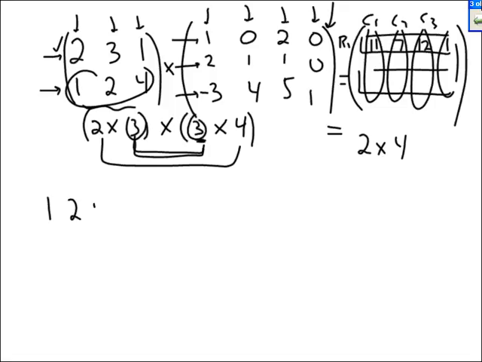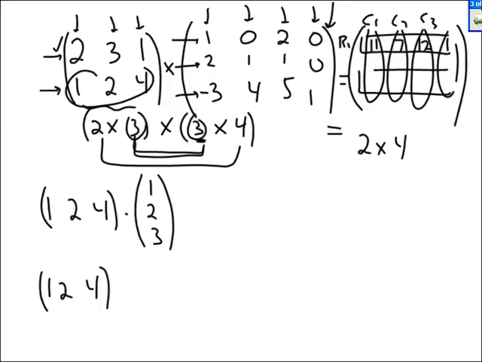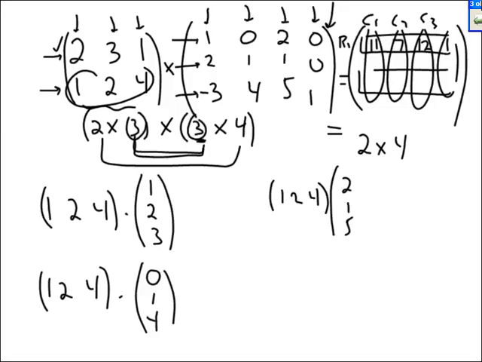I take row 2, 1, 2, 4, and one by one, I dot it with each of the columns: column 1, column 2, column 3, and lastly column 4.